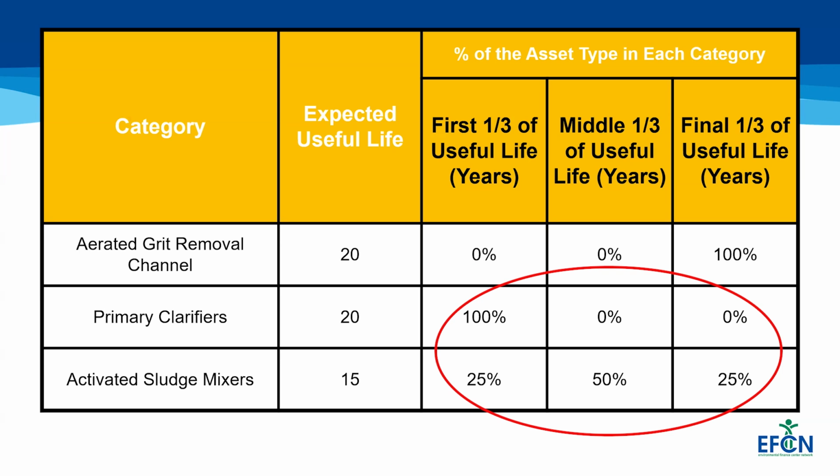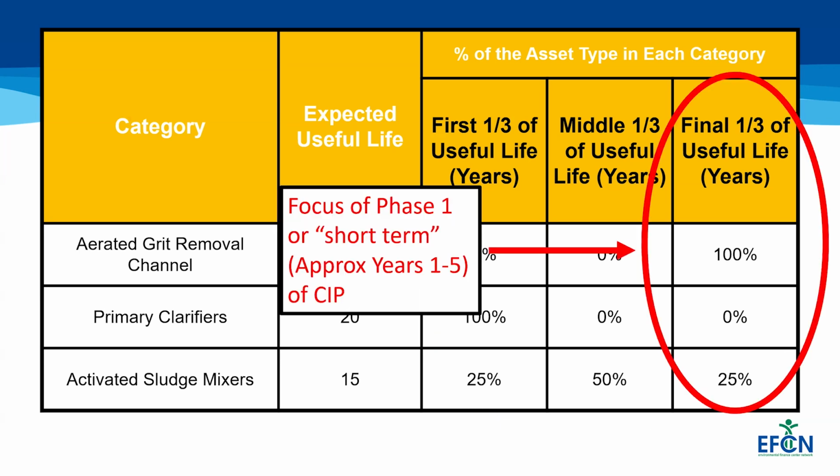For this approach, we want to focus the first 5 years, or phase 1, on the assets that are in the last third of their useful life. On first glance, this would indicate that the grit chamber would be the first priority for the CIP.